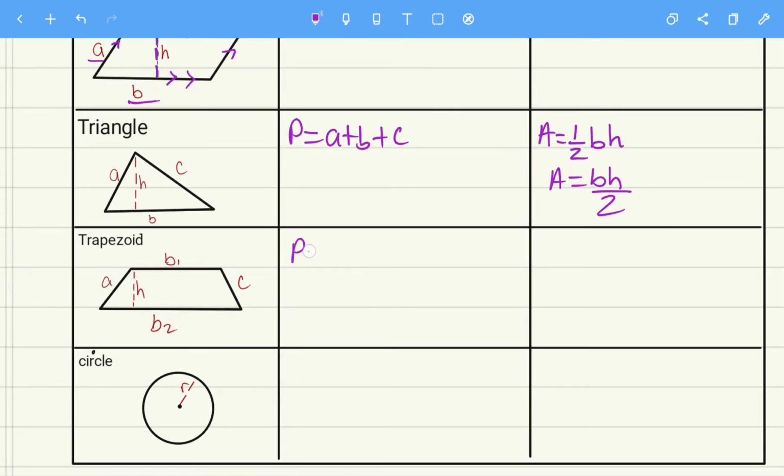Trapezoid, the perimeter, once again, is all the sides added together. A plus base 1 plus base 2 plus C. And the area formula is base 1 plus base 2 divided by 2 times the height.